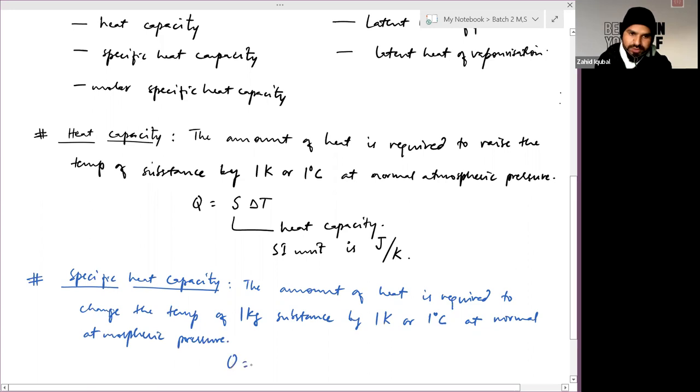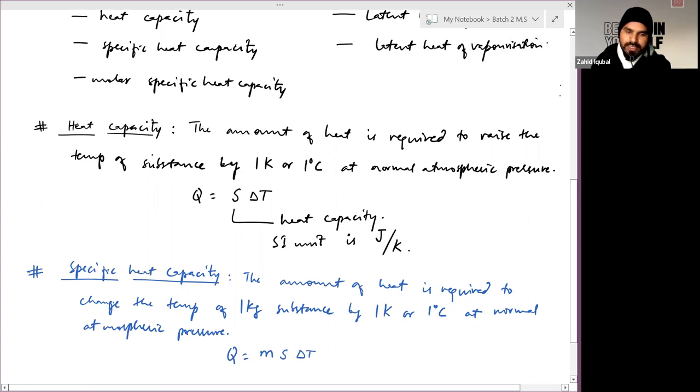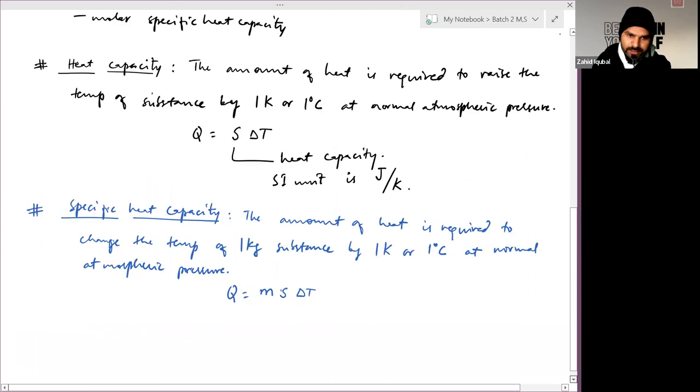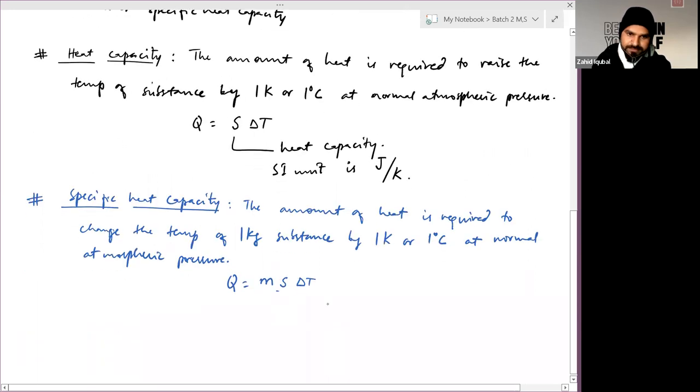So Q equals mass of substance times specific heat constant times delta T. So this small s is called the specific heat constant.